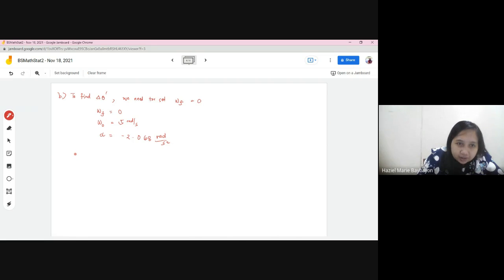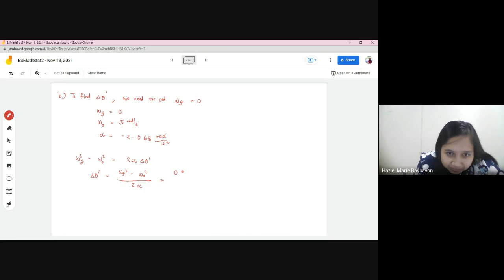So we will be using this equation, omega final squared minus omega initial squared equals 2 alpha times delta theta prime. So delta theta prime is equal to omega final squared minus omega naught squared divided by 2 alpha. Our omega final is 0. It's not 1.5, not negative 1.5, it's 0.